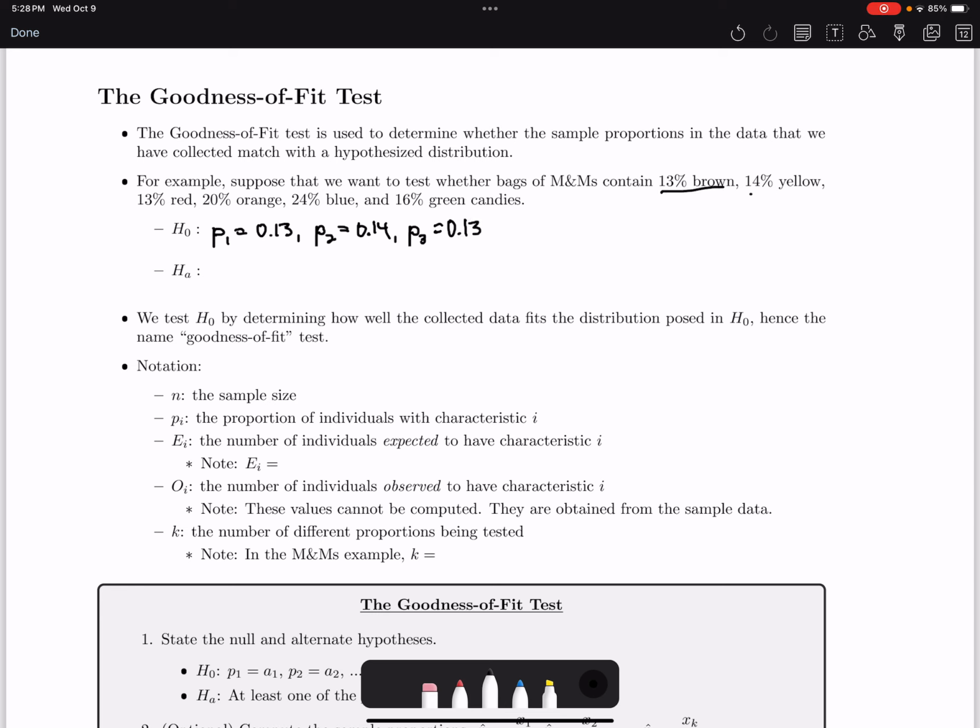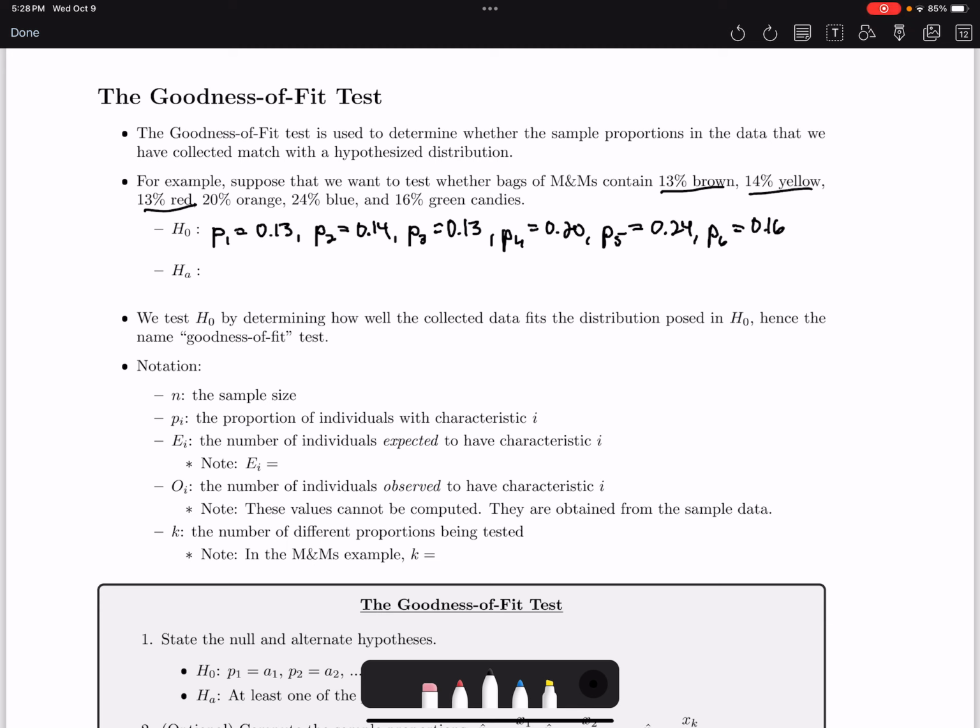Hopefully you see where I'm getting these numbers: P1 right here, P2, P3, right? P4 is 20%, P5 is 24%, and P6 is 16%. The alternative hypothesis is basically that the null hypothesis is not true.